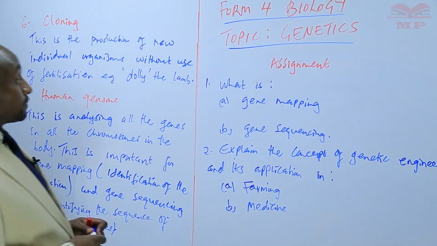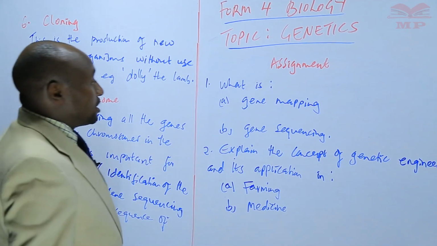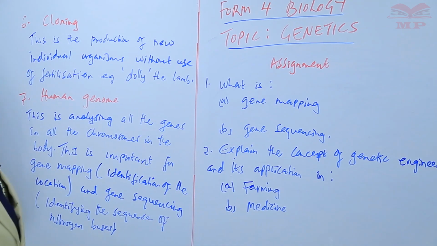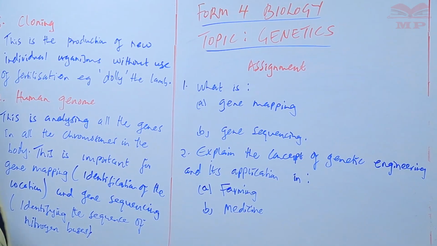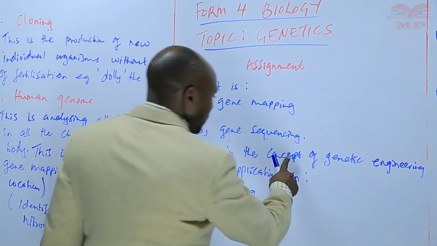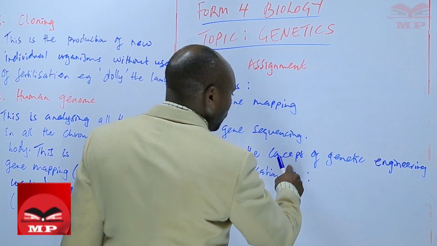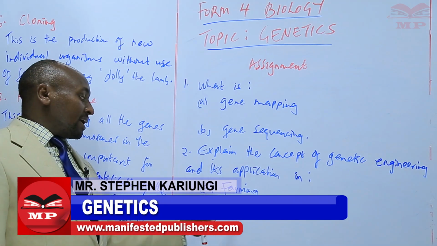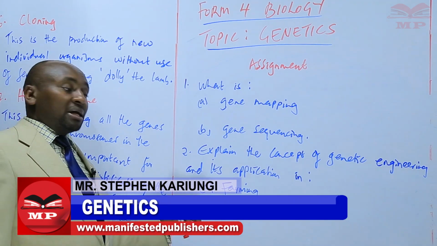So the first question, what is A, gene mapping, B, gene sequencing, and number 2, explain the concept of genetic engineering and its application in farming and in medicine.